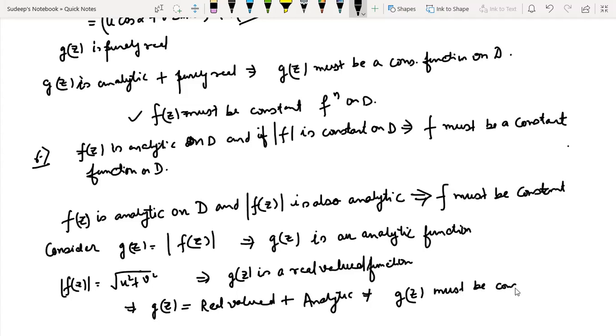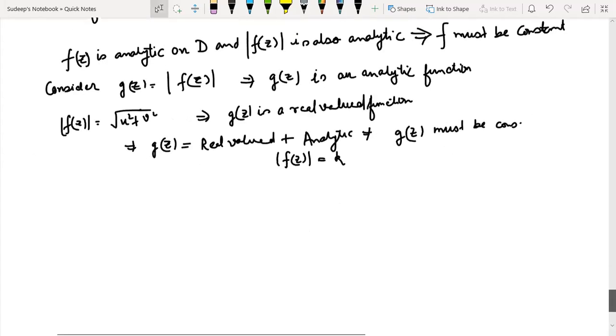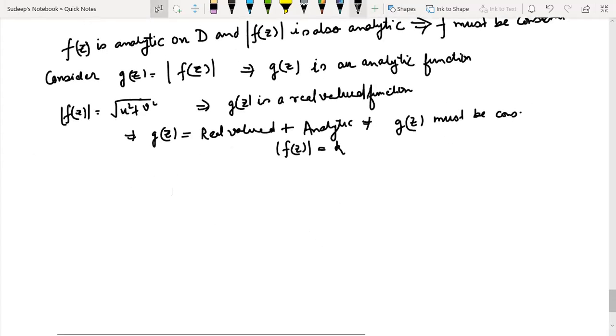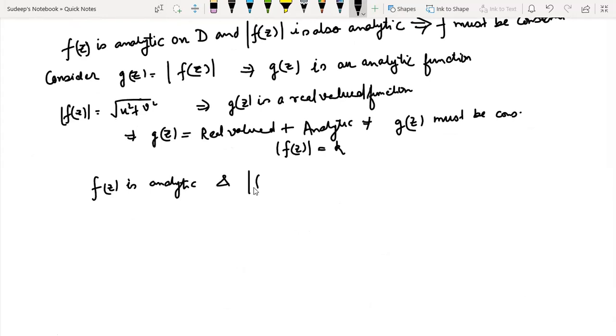And if g(z) is a constant function, it implies mod f(z) is a constant function. And if mod f(z) is a constant function and f(z) is analytic, it implies f is a constant function. So given that f(z) is analytic and mod f(z) is constant, f must be a constant function.